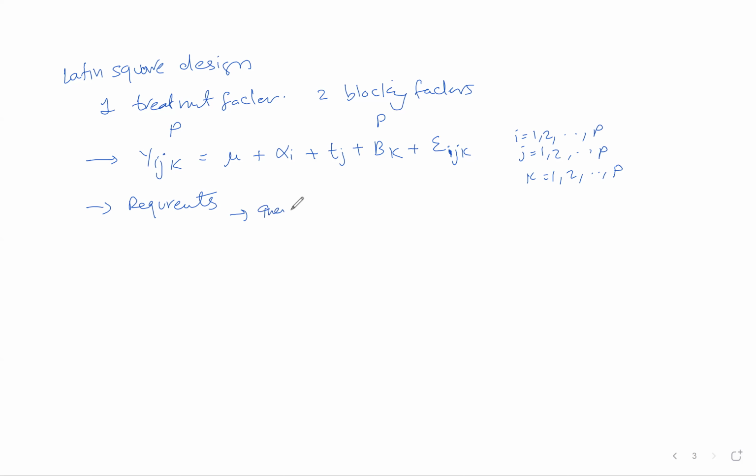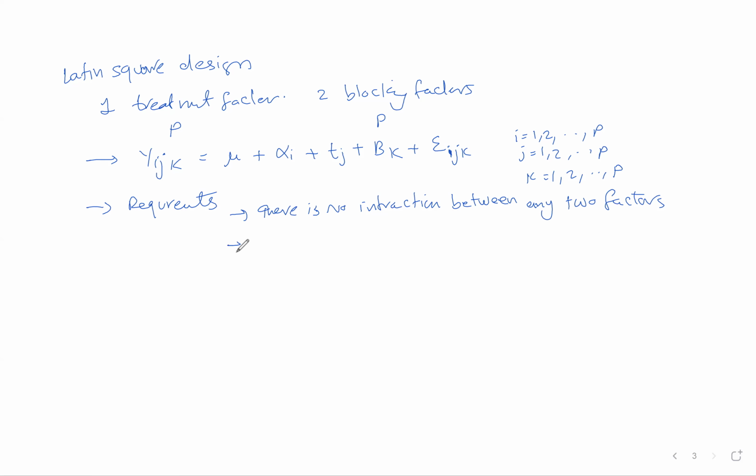There is no interaction between any two factors. We have three factors, one treatment factor and two blocking factors. There is no interaction between any two of them.